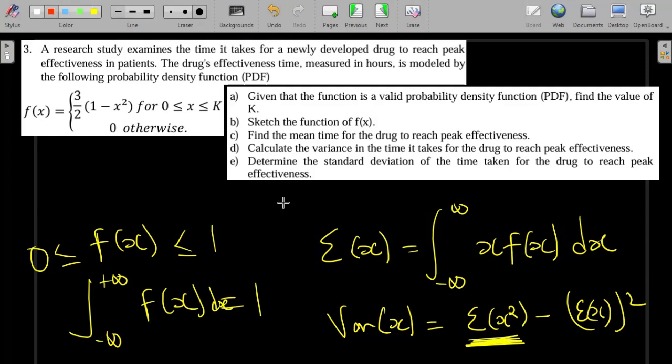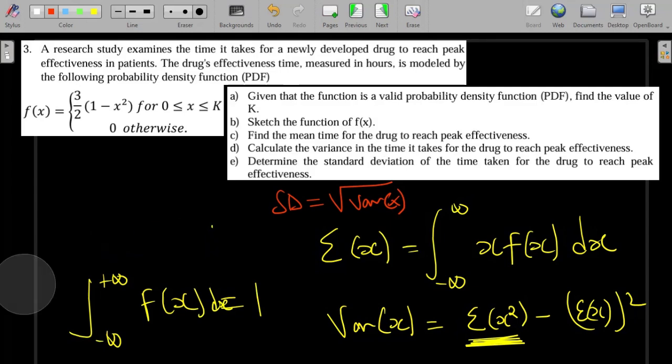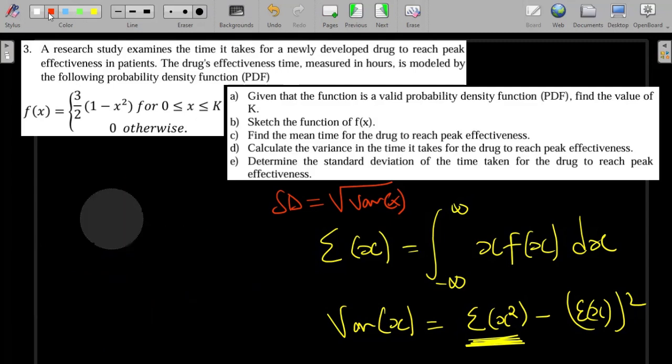And then to find the standard deviation, we're just going to take the square root of the what? The variance. Okay, so these are the formulas that we'll be using to find some of these questions. Maybe I can also give the formula for finding the CDF.